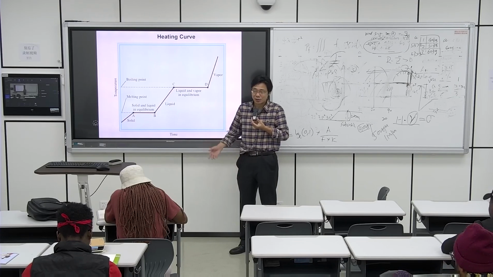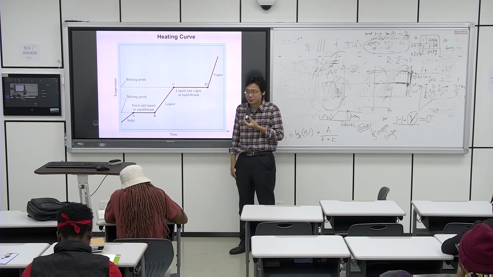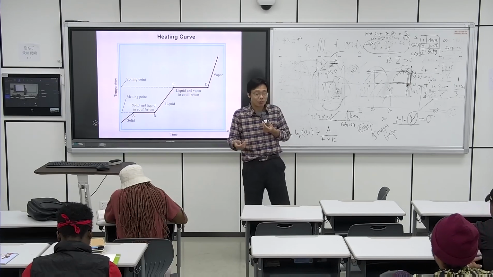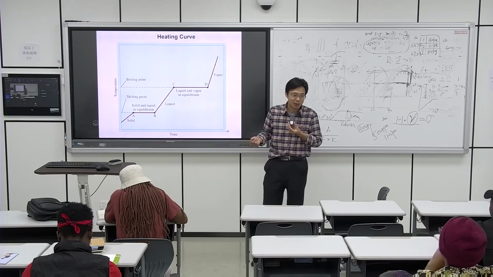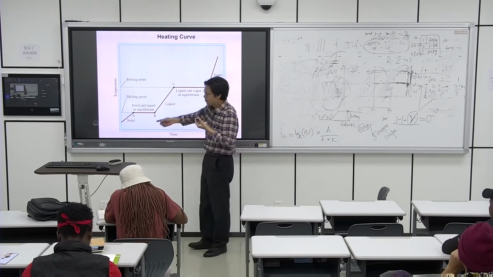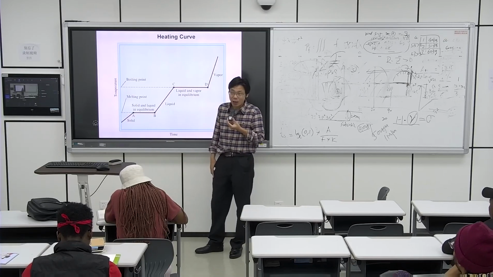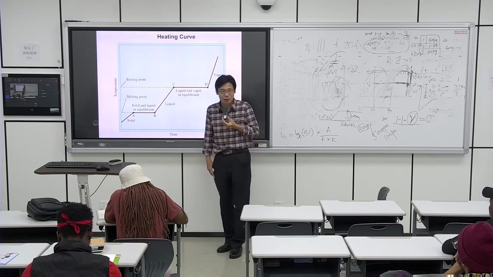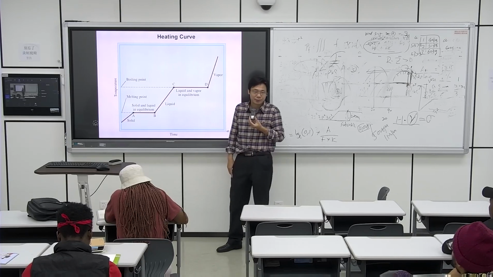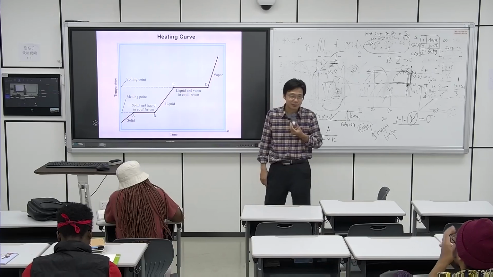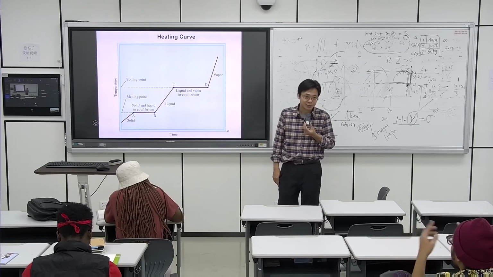Where's the heat? Basically, if the substance gets heat, its temperature will increase, right? But why during the melting process, the temperature doesn't change? Maybe the heat is used to change the substance from solid to liquid.